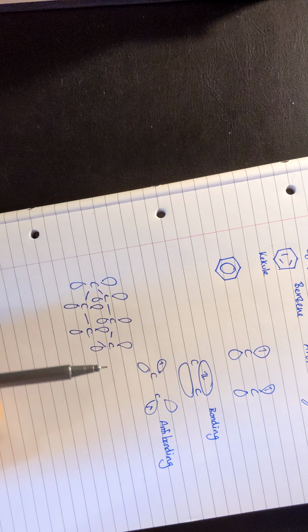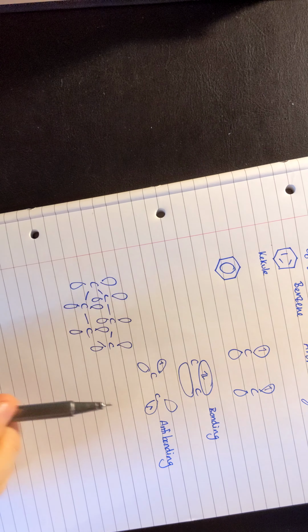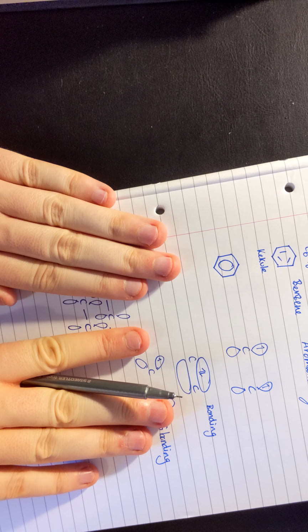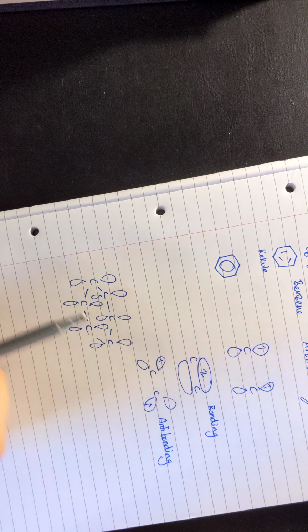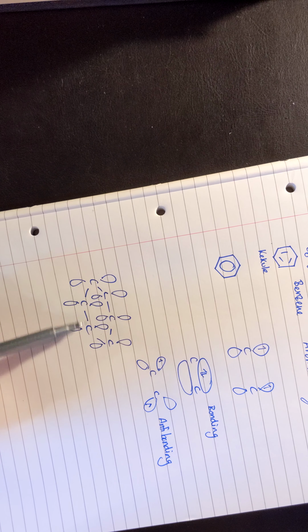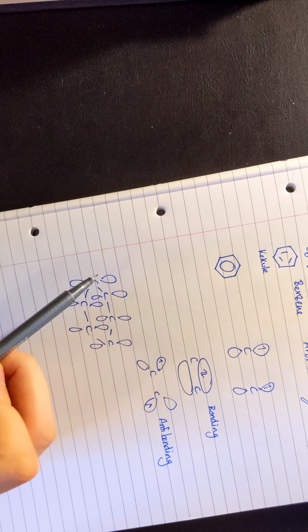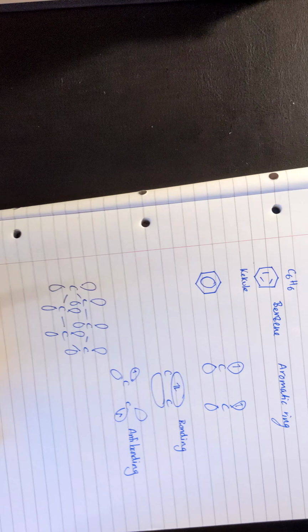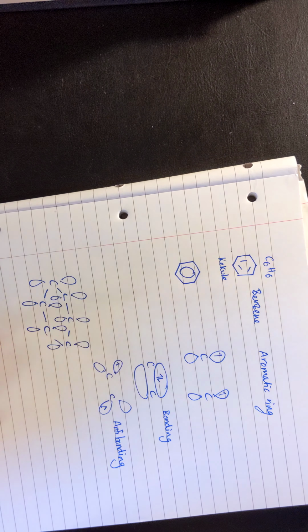Now, if we just look at 2 carbon atoms on its own, we've got the same setup as over here, and so they could maybe just form a double bond between the 2 carbons that are next to each other. So these 2 could pair up, these 2 could pair up, and these 2 could pair up, and that would give us the Kekule structure.